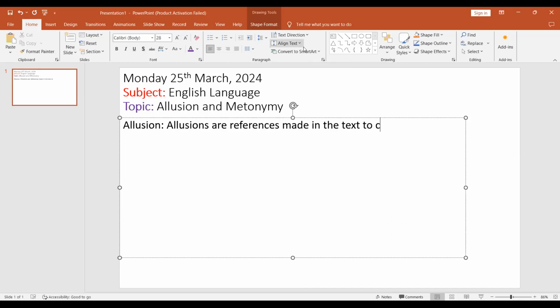to cultural, political, historical, religious, and or literary or popular figures, events or objects.